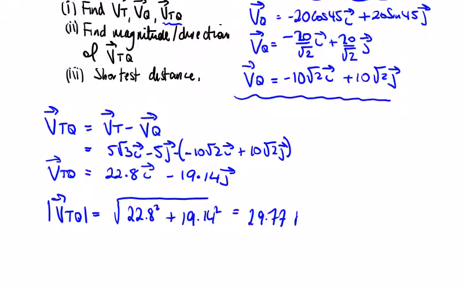And the direction, theta, is equal to the inverse tan of 19.14 over 22.8, which is 40.0125. So I'll just leave it at 40 degrees.